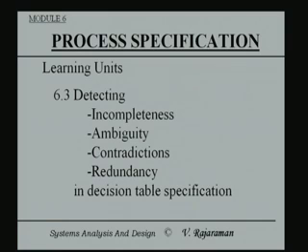Human language unfortunately is not completely unambiguous. If human language were unambiguous and you could interpret it only one particular way, then there wouldn't be any lawyers at all. So, human languages by nature have a certain amount of ambiguity, but the ambiguities have got to be cleared, and no ambiguity can occur in the process specification.